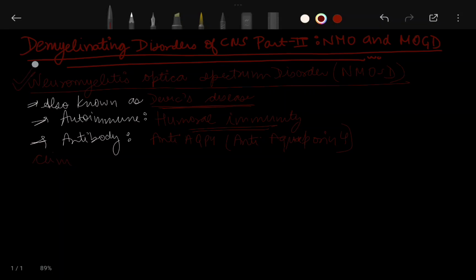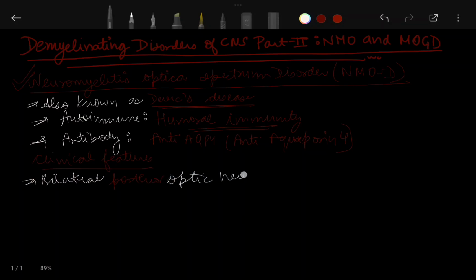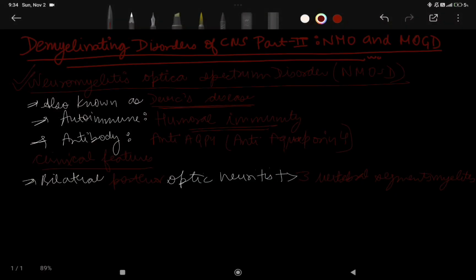Now, what are the clinical features? The clinical features in this case are bilateral posterior optic neuritis, plus more than 3 vertebral segments myelitis.